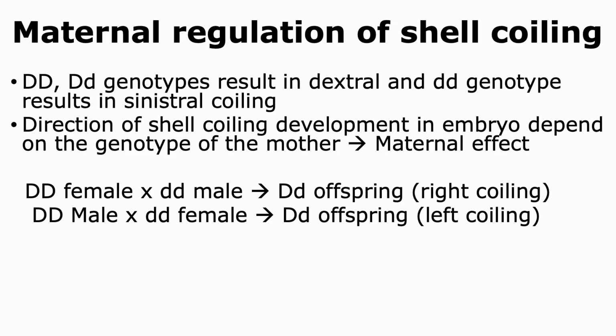And the explanation for this is that in this scenario, the genotype of the mother is a homozygous recessive genotype, which is small d small d. And small d small d corresponds to the sinistral coiling, and that is why all the offspring are showing sinistral coiling or left coiling, because the mother has a genotype that corresponds to sinistral coiling.